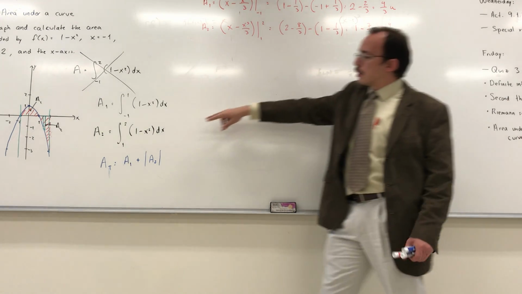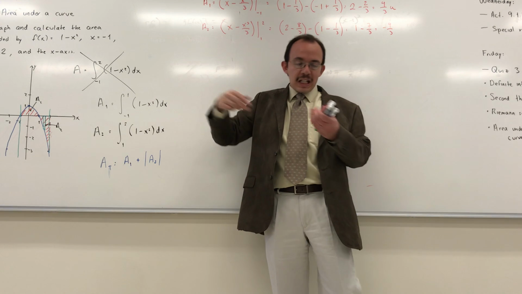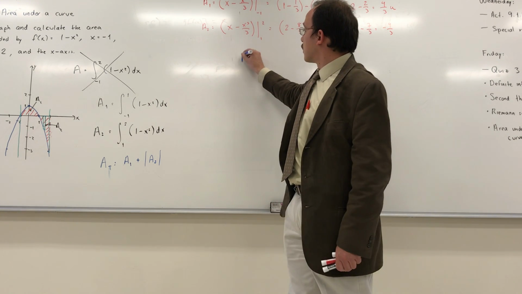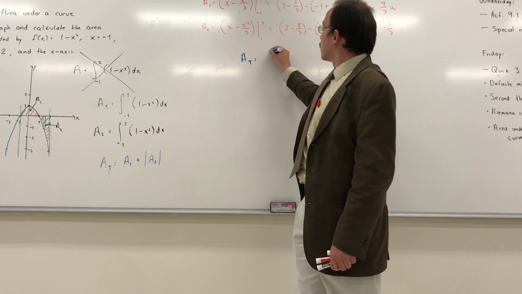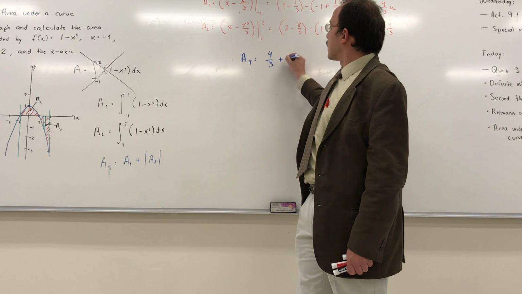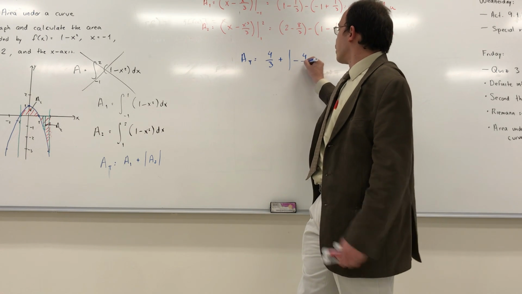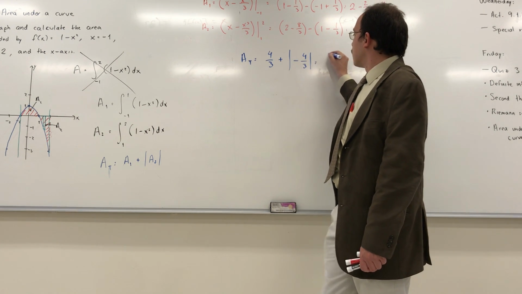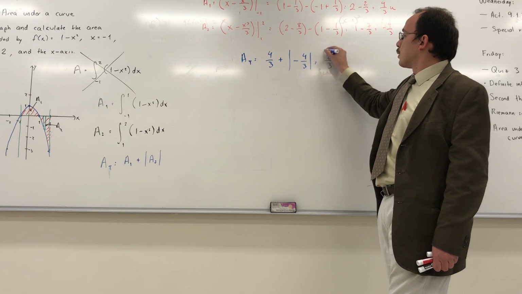That's if I just solve it with the integral. When I get the final area, it's going to be 4/3 plus the absolute value of that one, or just the positive part, equal to 1/3.